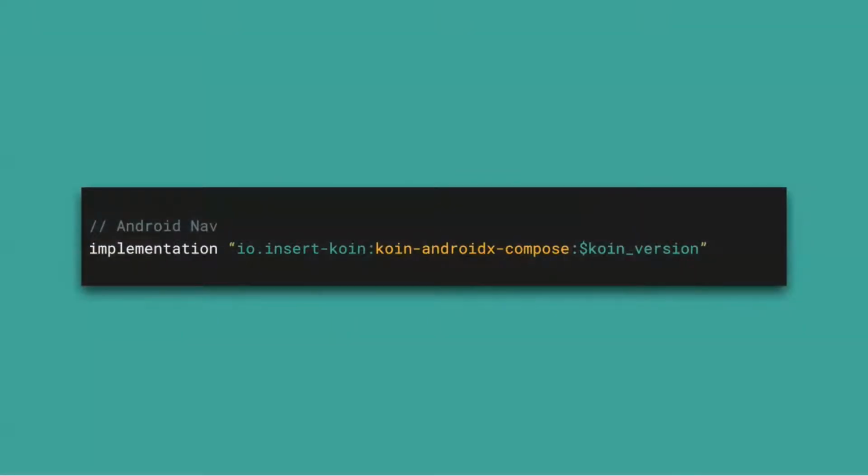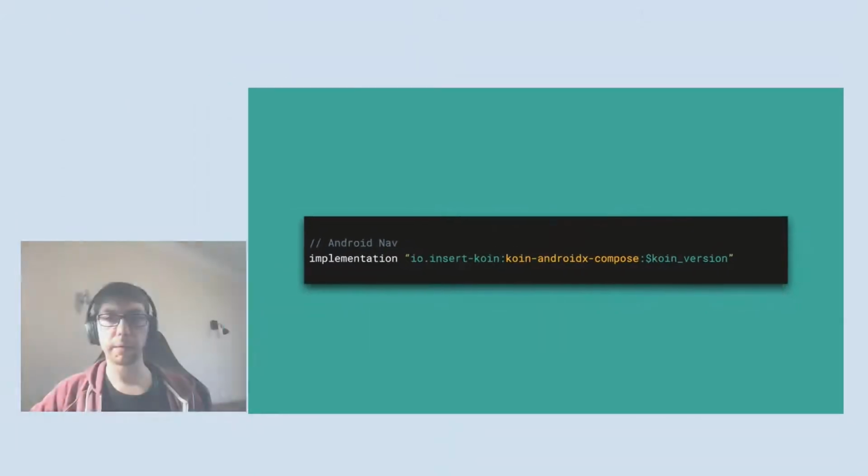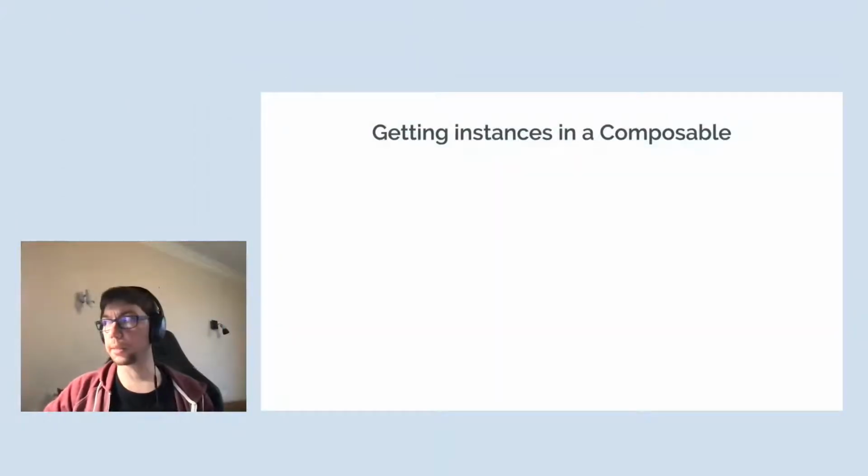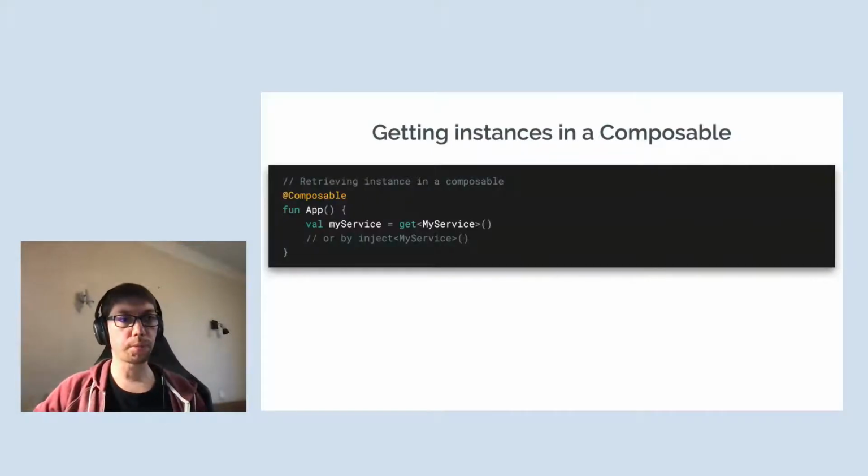What you need here is just the Koin androidx compose package from Gradle, and then you will be able to get an instance into your composable function with just get, or by inject if you want a lazy expression here.